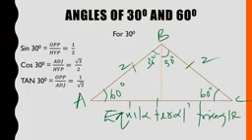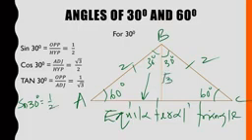So now, I want to find the ratios for 30 degrees. For example, sine 30. Sine is opposite over hypotenuse. Now I'm using 30, so this becomes the angle of interest. Here is the opposite, so it will be 1 all over 2. But remember, the one in the middle is root 3. You can use Pythagoras theorem to always get that.